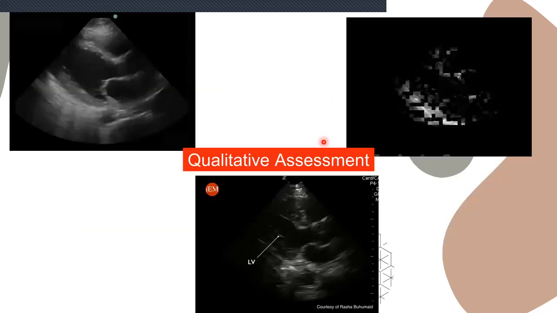Most of us have not gone for an advanced echo course, so what we do is a qualitative assessment. We do the eyeballing method. This is fast, easy, and if you do it often enough, you get good at it.